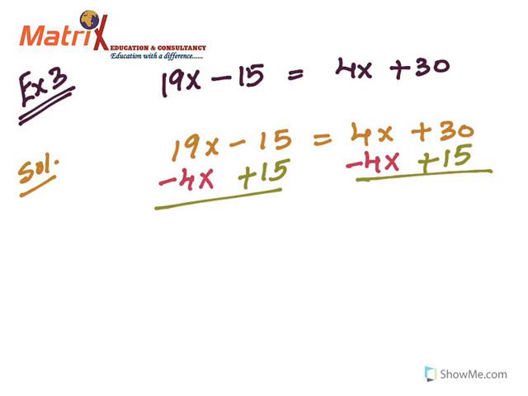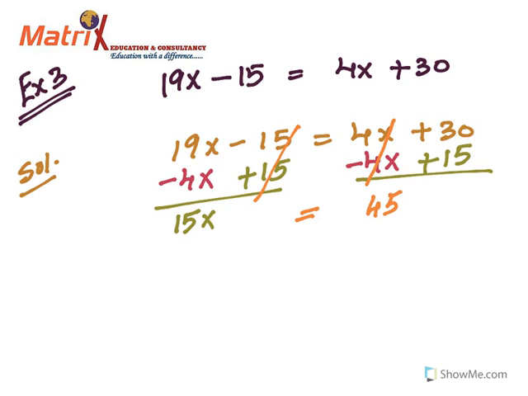Now we simplify both the sides. This becomes 15x and this side gets cancelled. This is equal to, again this gets cancelled, and we get 45. So you see we have reduced one step.